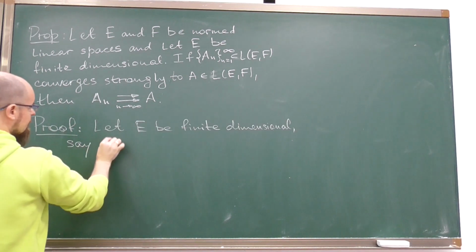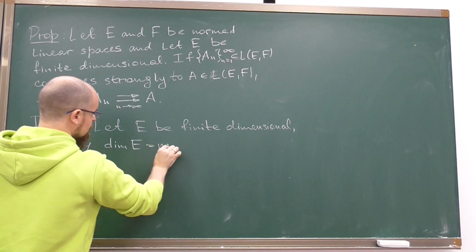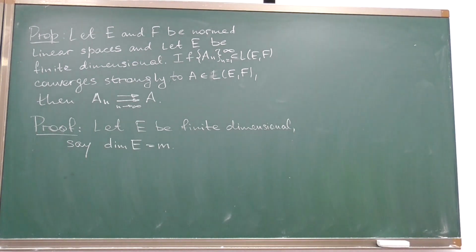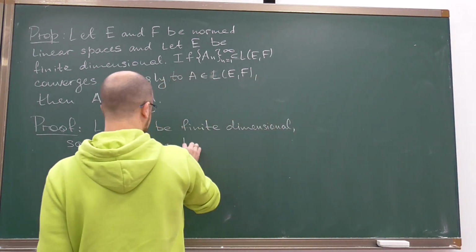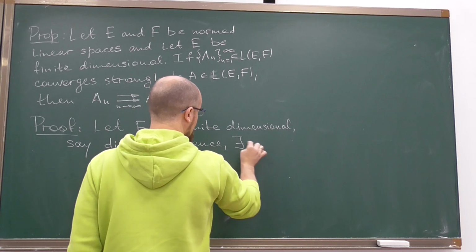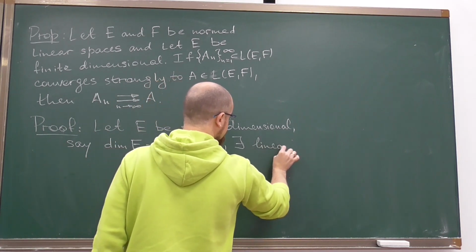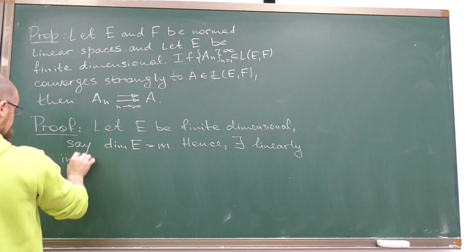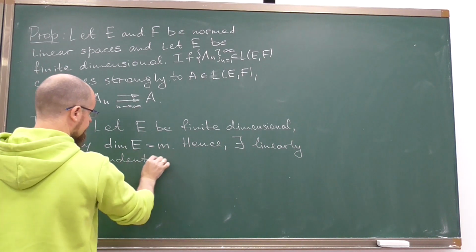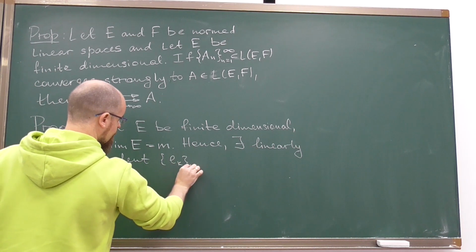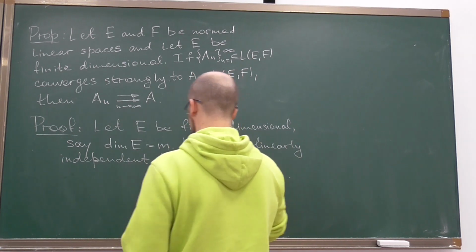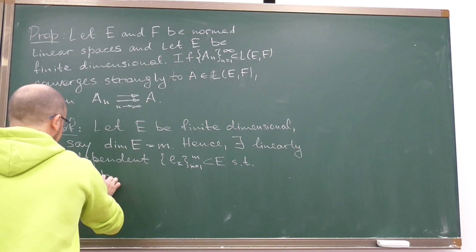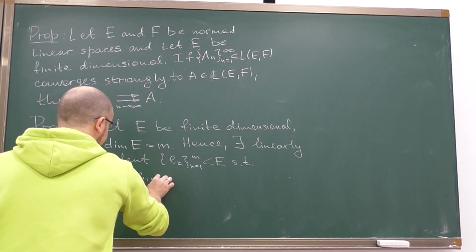Say the dimension of E equals M. Then by definition of the dimension, we can find M elements of E which are linearly independent and which span E. There exist linearly independent M vectors from E such that E equals the span of these vectors.